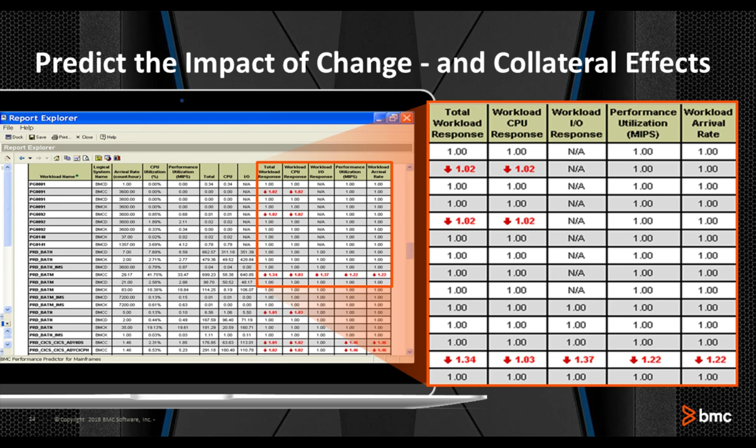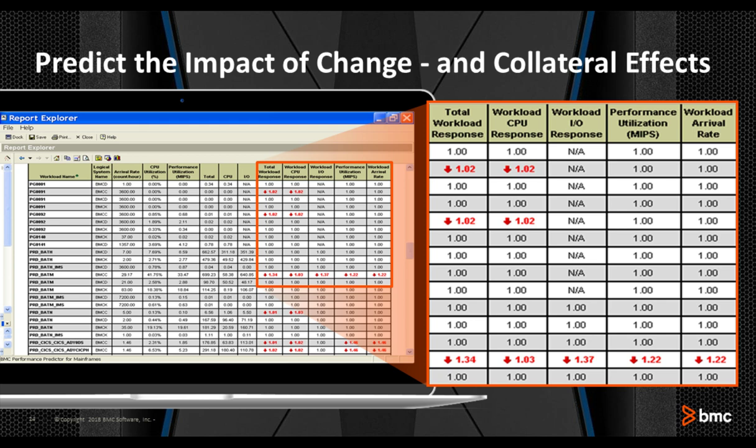It was a high priority online workload, not a lot of growth. And as you can see from those red numbers, those are indexes. Rather than trying to remember what the response time was, it just keeps an index. And it says response time went to 1.02. So we had a 2% response time degradation, which the business concluded was acceptable for what they were doing.